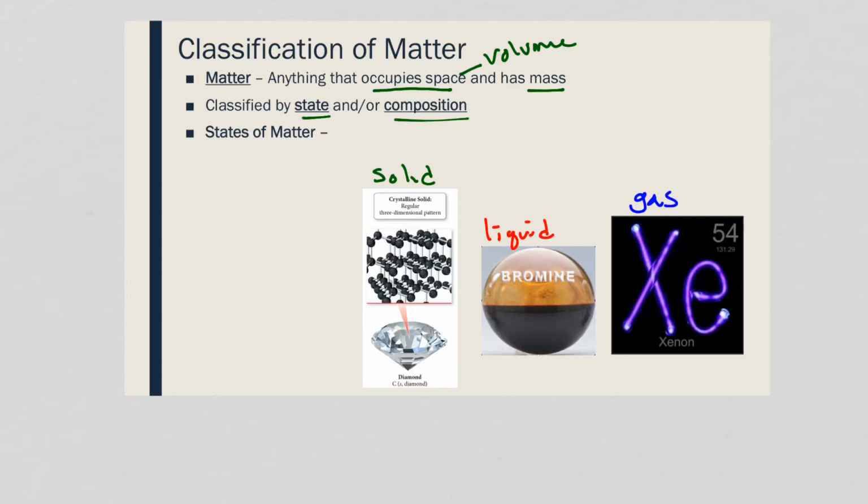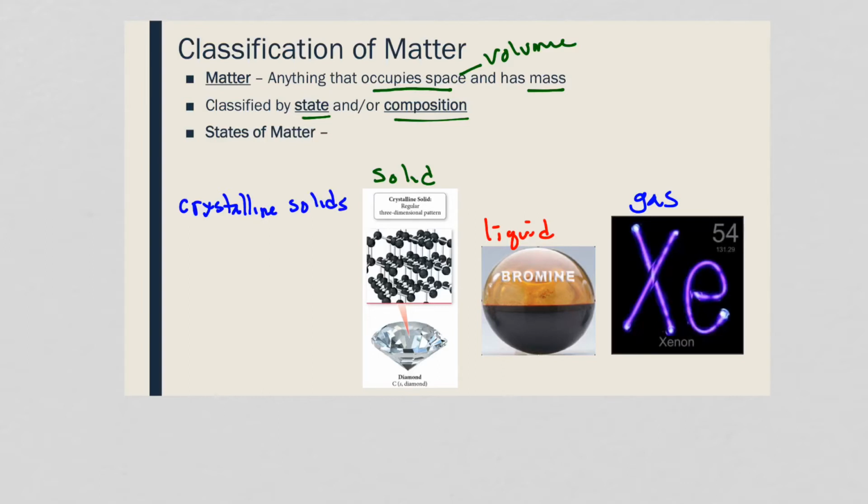Now, as a side note, if we look at solid, there are actually two types of solid. We have what is pictured here, our classic diamond and salt and sugar. These are what we call crystalline solids.